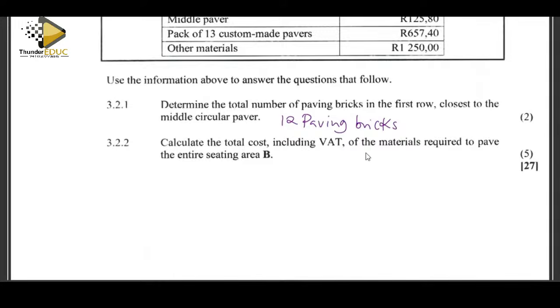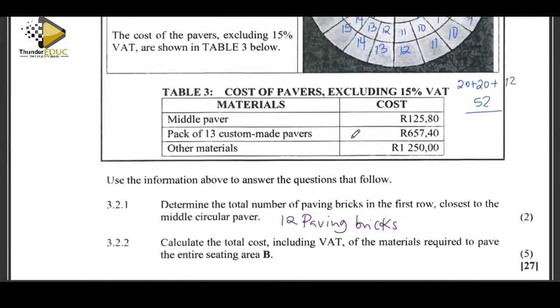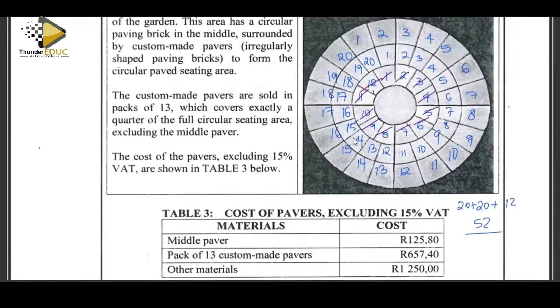Then calculate the total cost, including VAT, of the material required to pave the entire sitting area B. So what we're going to do is find out how many we need. Now we've seen these smaller ones are 12. When you count the second row, they are 20.